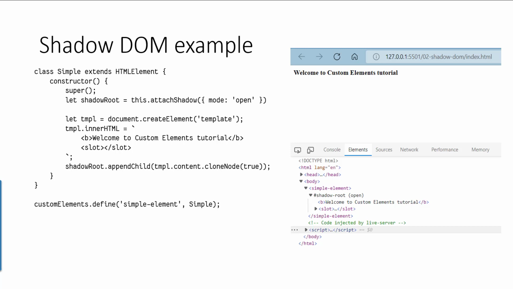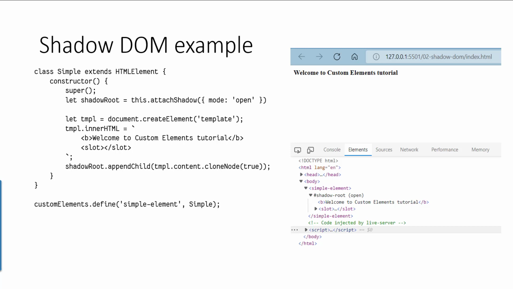So here is an example for creating a shadow DOM. When we define the custom element, we can create the shadow DOM using the attach shadow method. So this dot attach shadow with mode equal to open is going to create a shadow DOM, and then you can define your other elements.